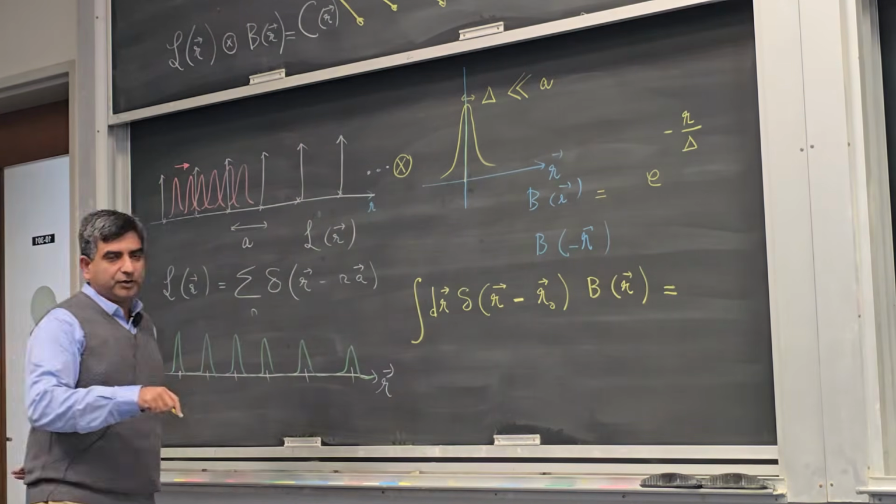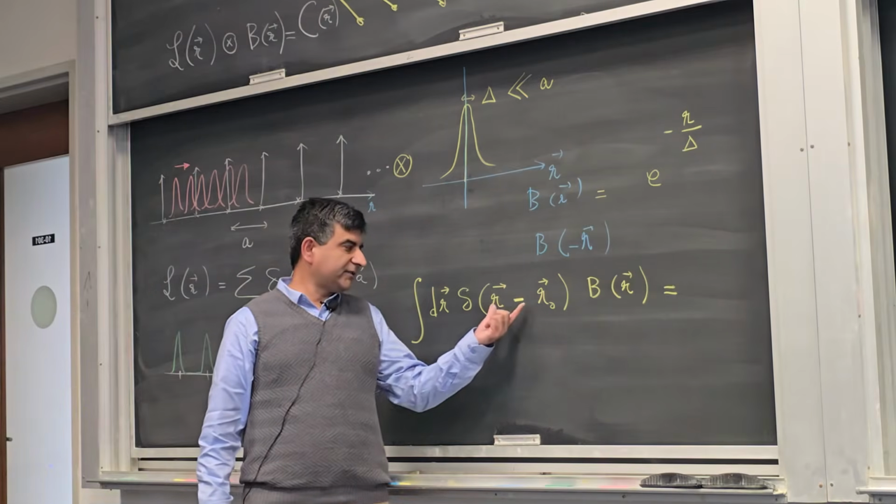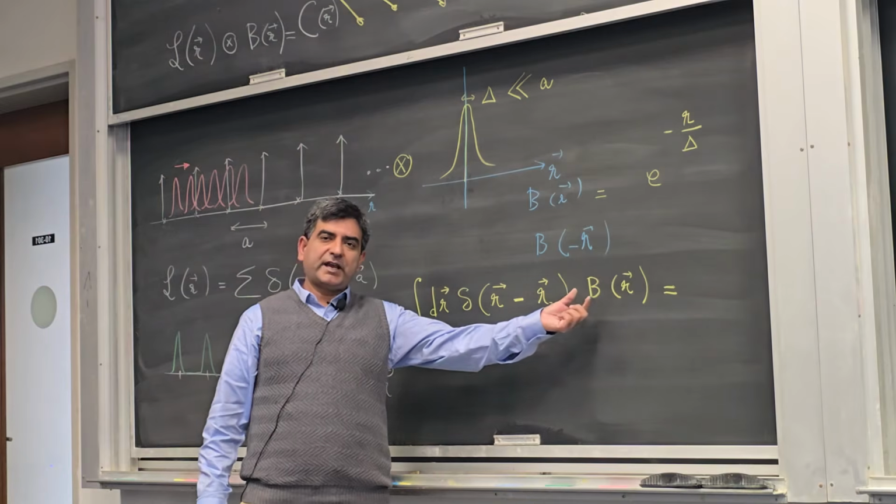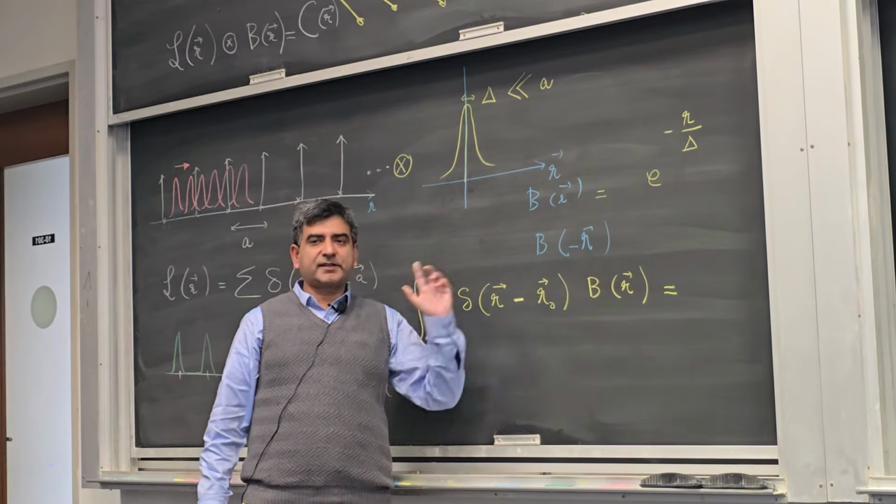B at R naught. Because this Dirac delta function is non-zero when R equals R naught, so it will only pick up that value of B which exists at R naught.